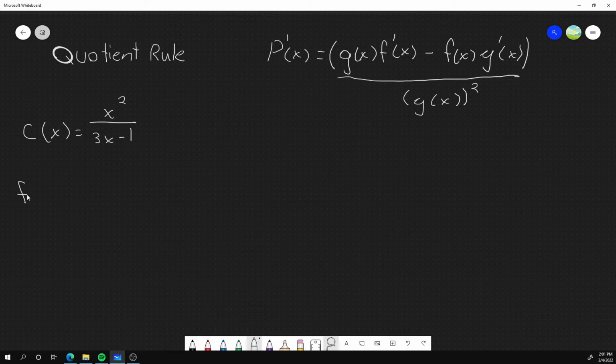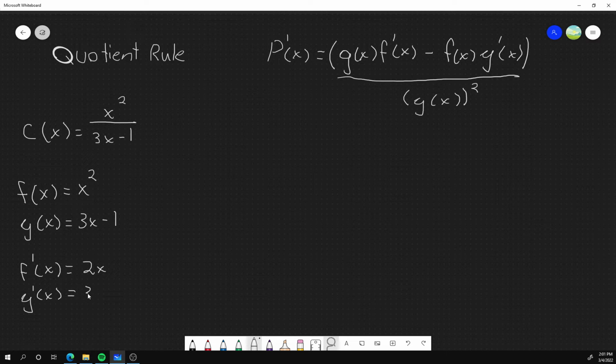So f of x equals x squared, and g of x is equal to 3x minus 1. Now we have f prime of x, which by power rule we know is 2x, and g prime of x, which by power rule we know is 3.